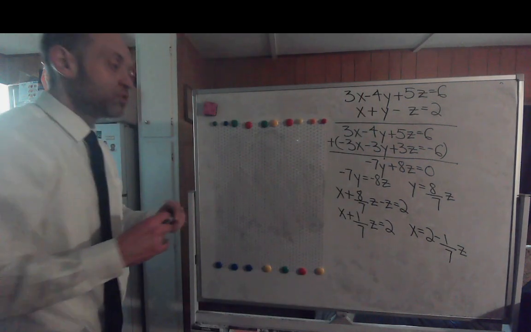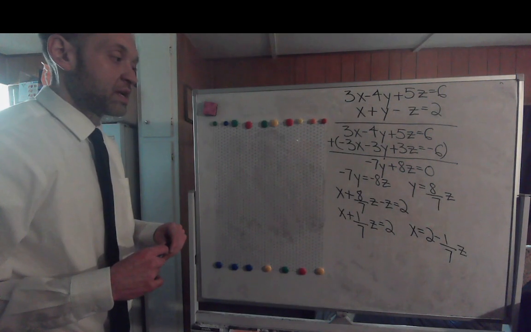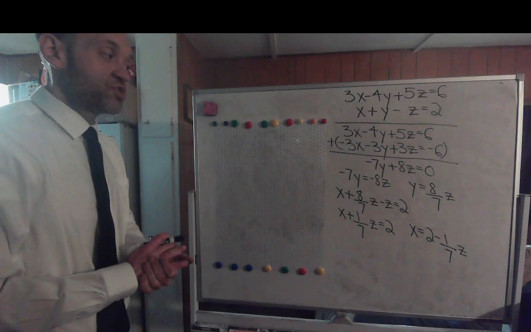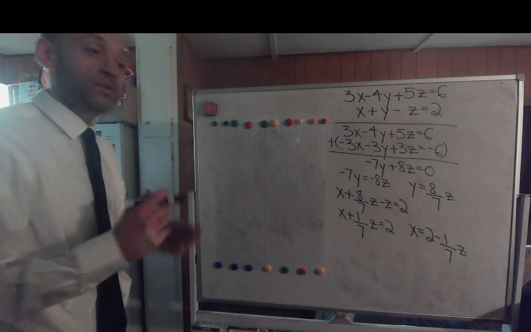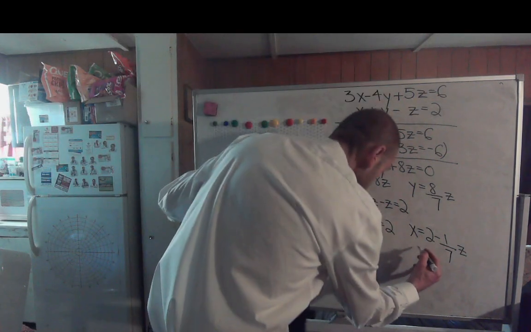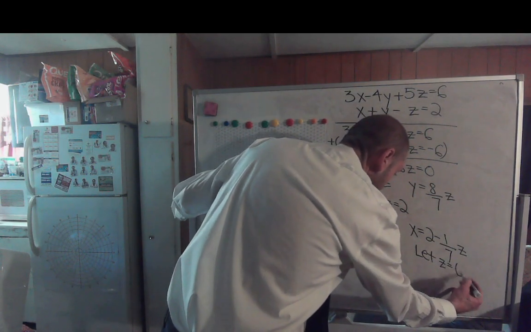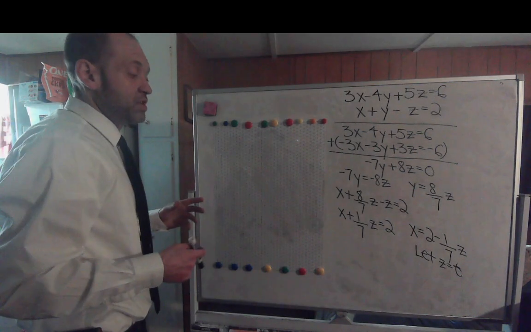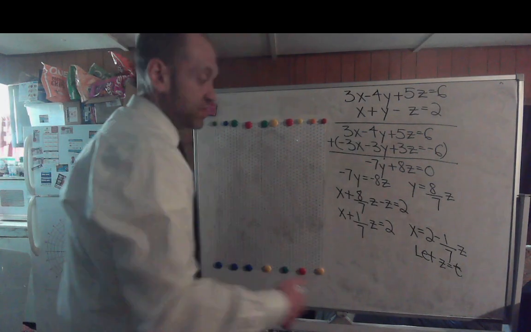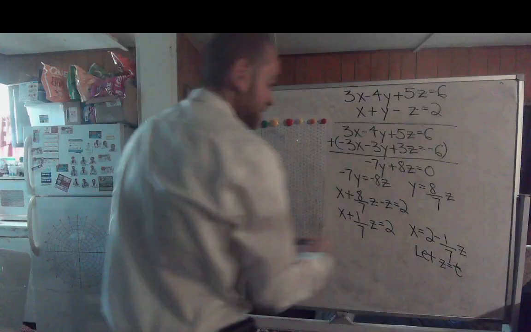Now, in general, we would like to get parametric equations. In order to get parametric equations, it's actually quite simple. All you need to do is let z equal t. If you let z equal t, then you'll have your parametric equations. You'll just have to plug that t in for your y and x equations.